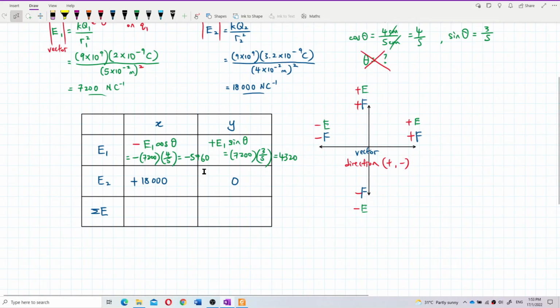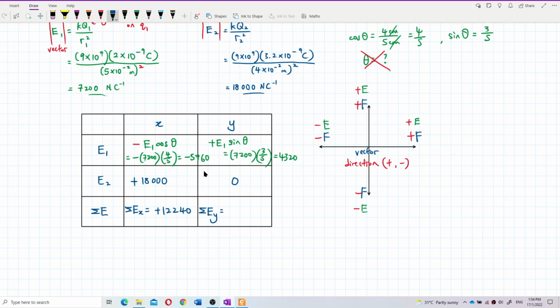Now I need to find the resultant Ex and resultant Ey. Negative 5760 plus 18,000 is positive, going to the right. So the resultant x component is going to the right.